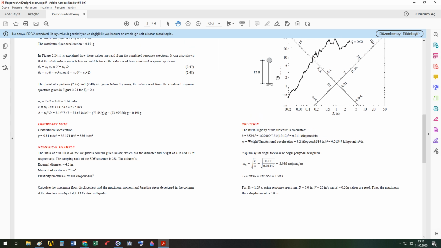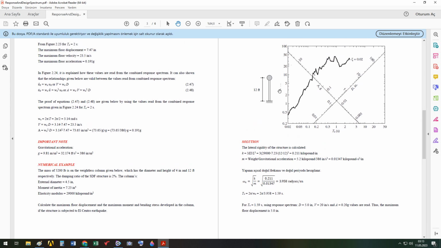This is velocity, and its unit is inch per second. The lateral rigidity of the column is the lateral stiffness of the structure. Since the top of the column is free to move, it makes side sway.